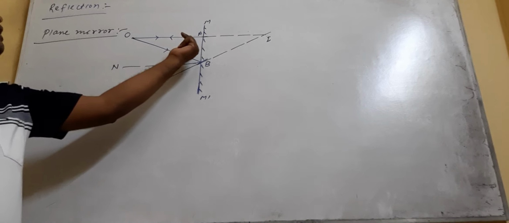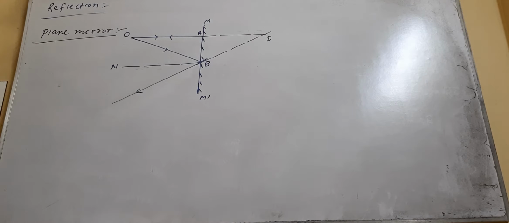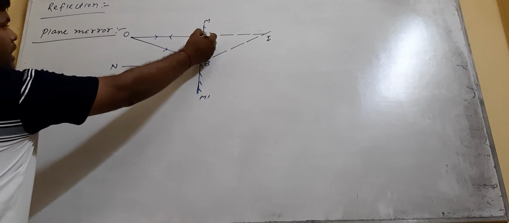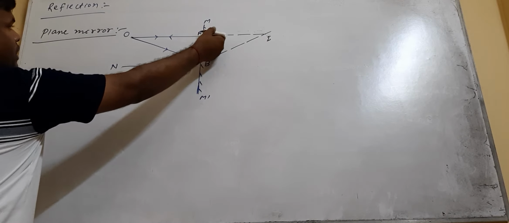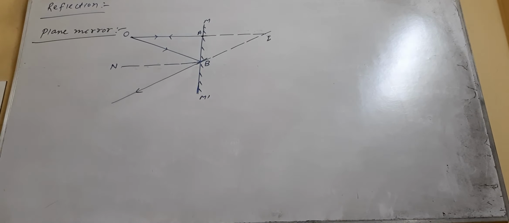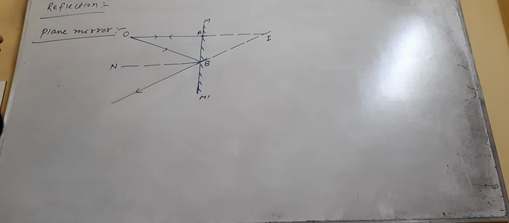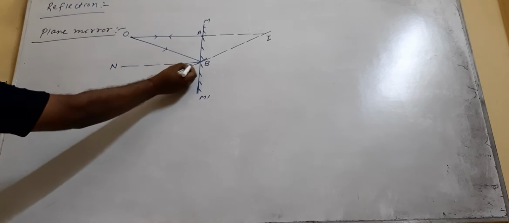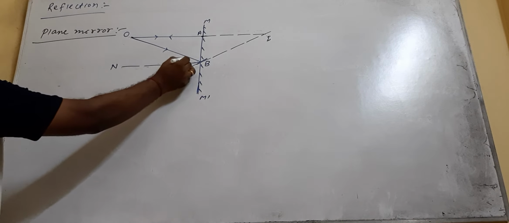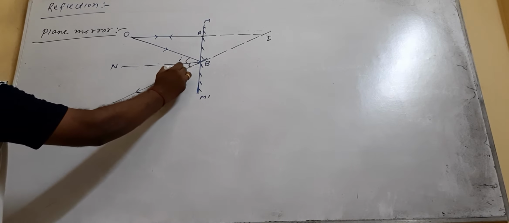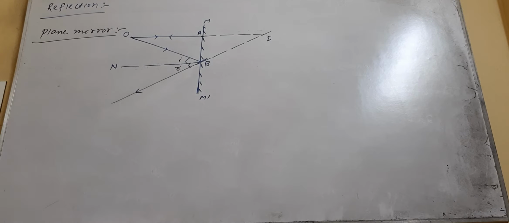So this ray retraces, or the reflected ray retraces the path. Means the reflected ray goes along AO, along the same path. Another ray OB, after reflection goes along this. It is your angle of incidence and it is your angle of reflection.